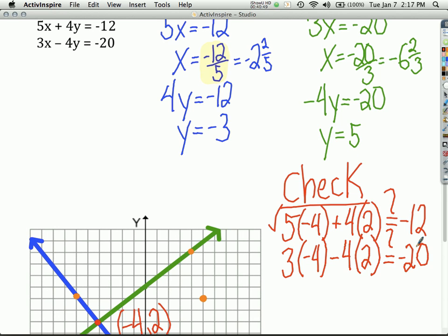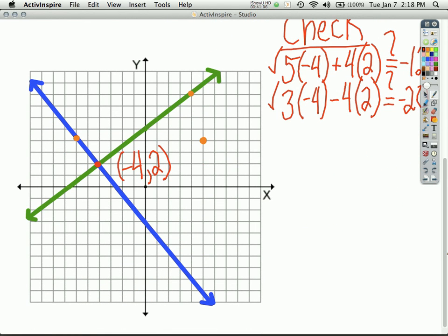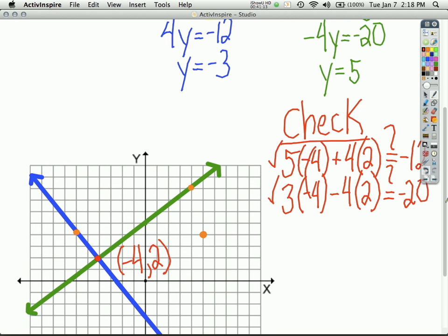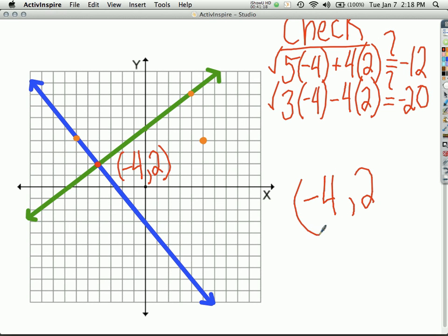Oh, I'm sorry, I saw you look like you were finished. So, John? Yeah. It works? Dalton, does it work? You sure? Let me see. 3 times negative 4 is negative 12. That's a negative 8. Yes, this works as well. So, since it works in both of them, that means we found the correct ordered pair. And so the solution to this system is negative 4, comma 2. That is the solution to the system.